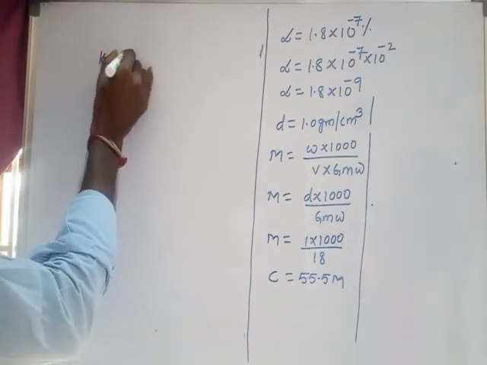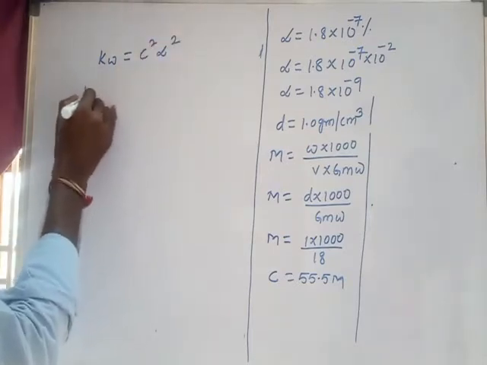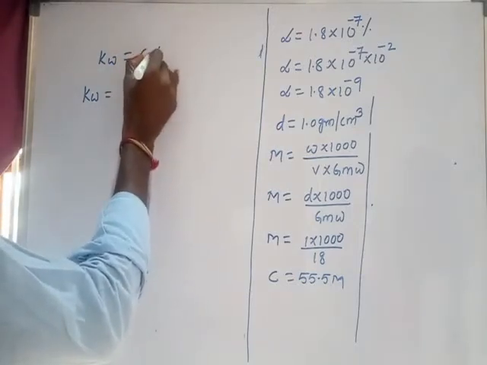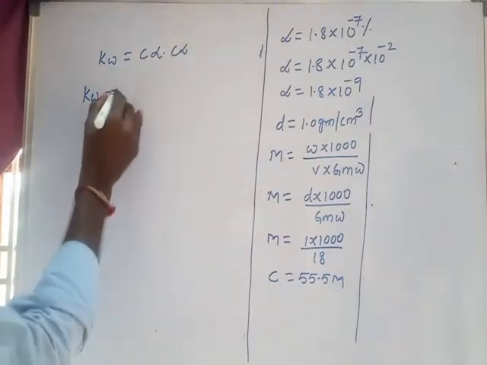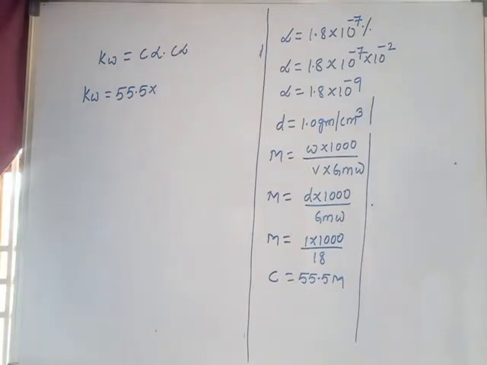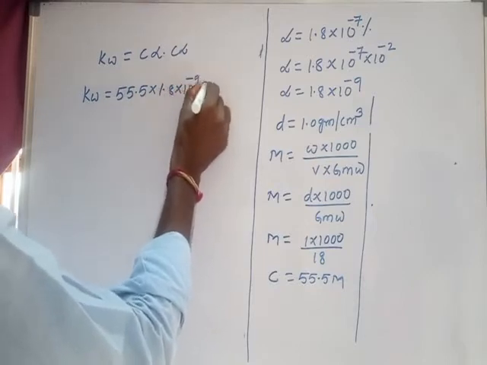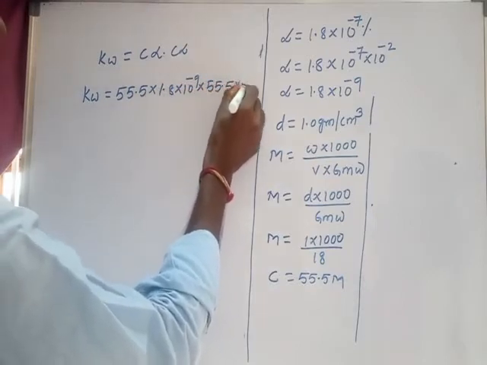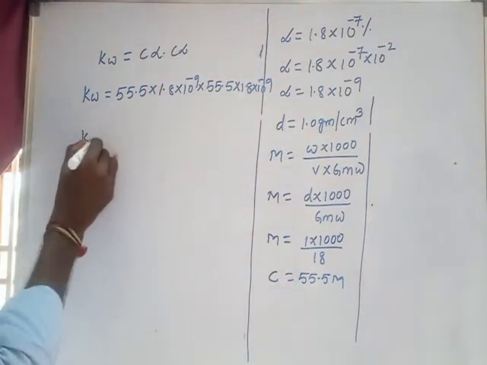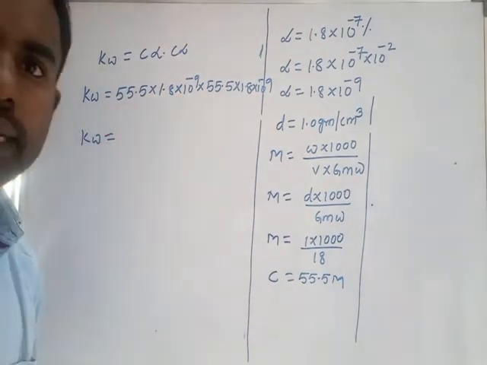Kw equal to C square into alpha square, otherwise you can write C alpha into C alpha. C equal to 55.5, alpha equal to 1.8 into 10 to the power of minus 9. So C alpha is 55.5 into 1.8 into 10 to the power of minus 9.